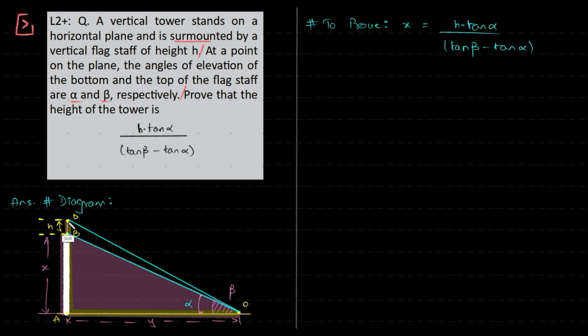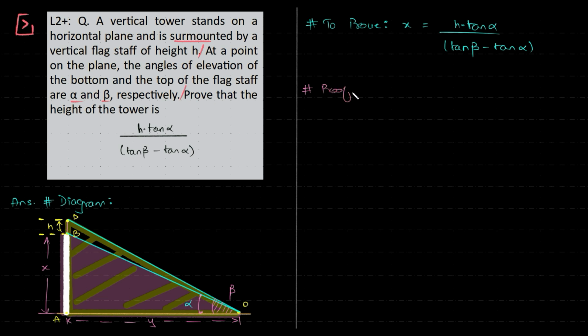AO we can find with the help of triangle ADO, or ADO. So if we use this triangle, we'll get an expression for y, and that we can substitute in triangle BAO and we are done.